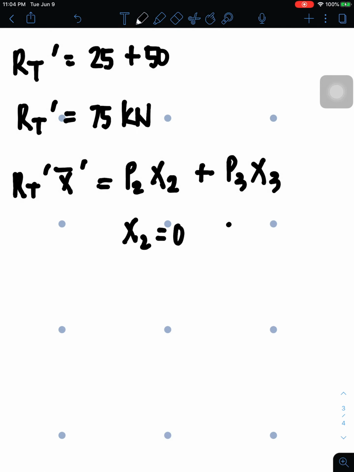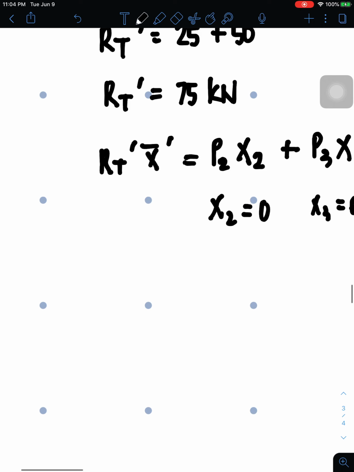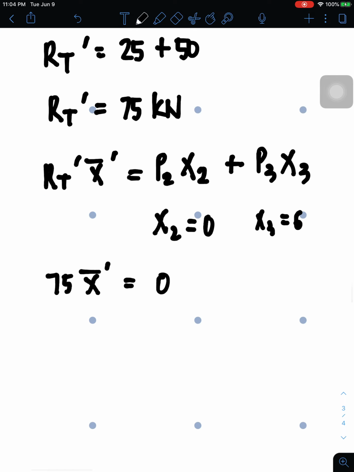And then x3 is 6 meters. So let us substitute: you have 75 times bar x prime equal to, this is 0 anyway, x2 is 0, then plus 50 times 6. So bar x prime, new bar x, it's 50 times 6 divided by 75.